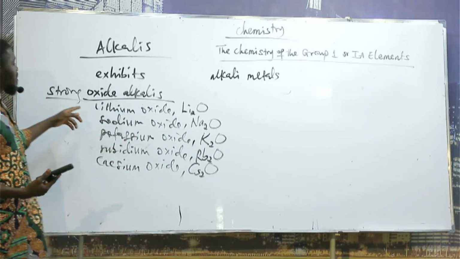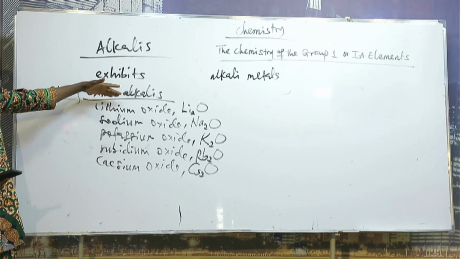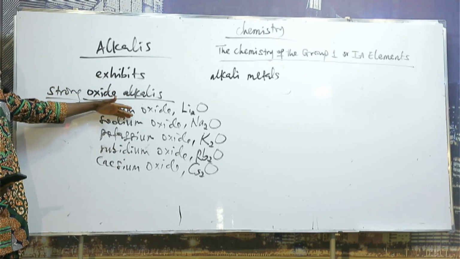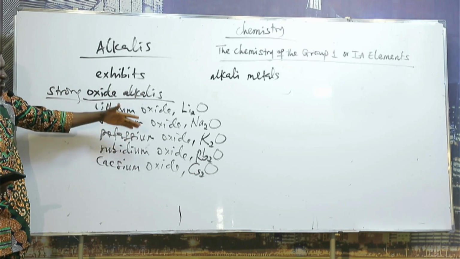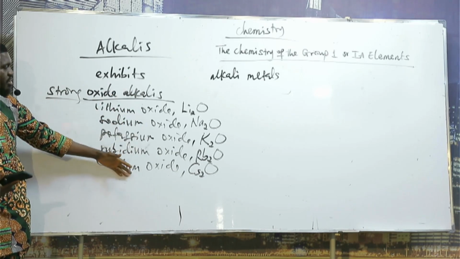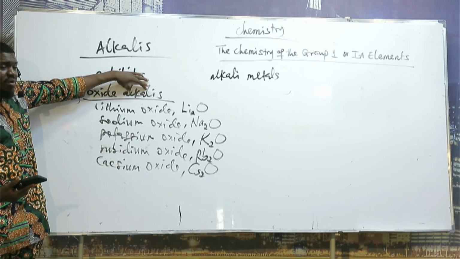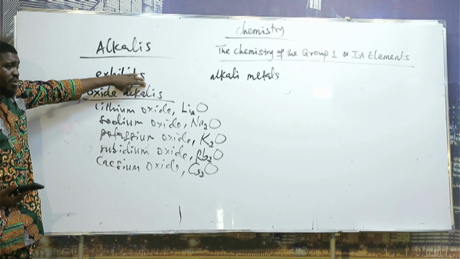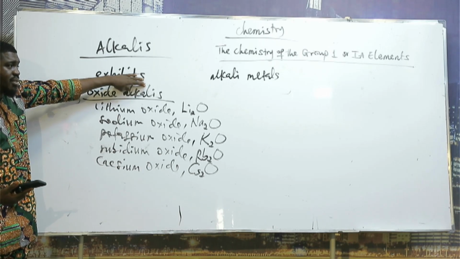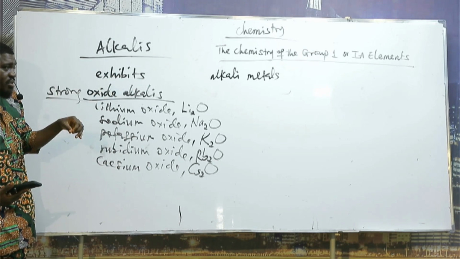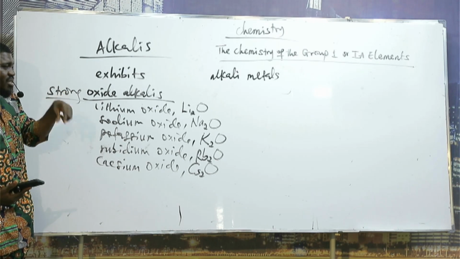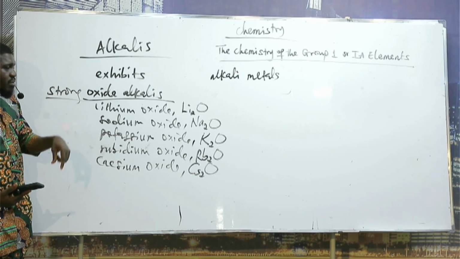Okay, now let's proceed. Lithium oxide, sodium oxide, potassium oxide, rubidium oxide, cesium oxide. All these are oxides and alkalis. Remember, when we say something is an alkali, what comes into your mind? A base that exhibits high solubility in water.